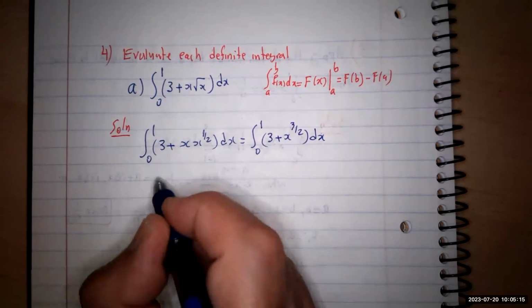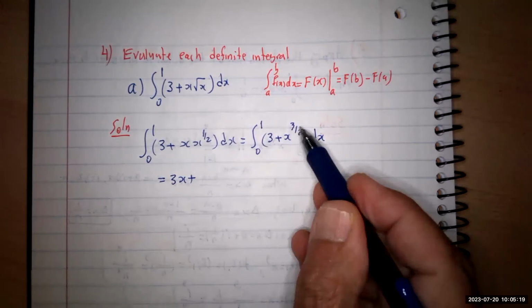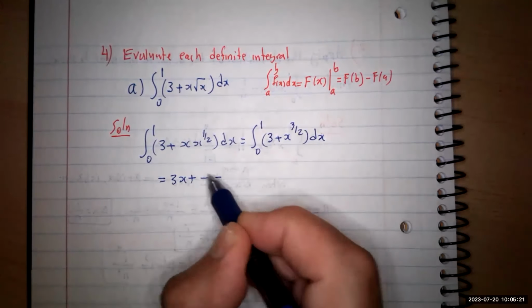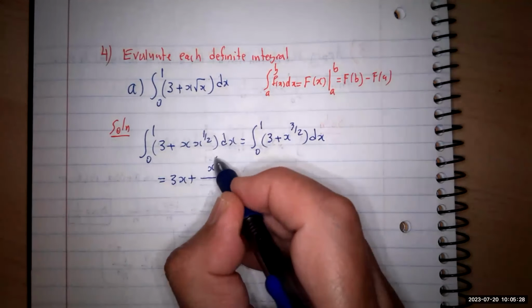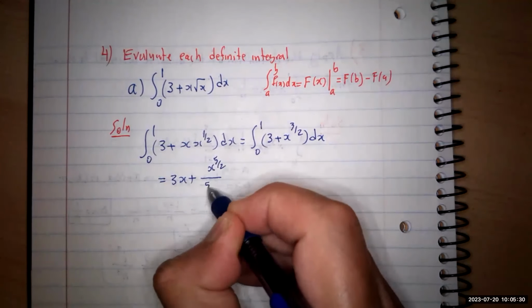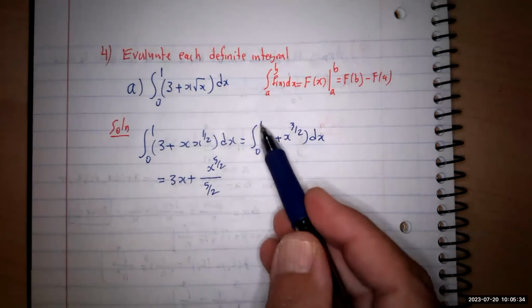Integral of 3 is going to be 3x plus x to the 3/2, the exponent goes up by 1, 3/2 plus 1 would be 5/2, divided by the 5/2. No constant c, because this is 0 to 1.